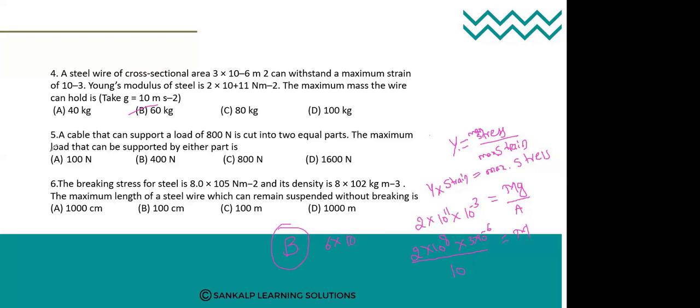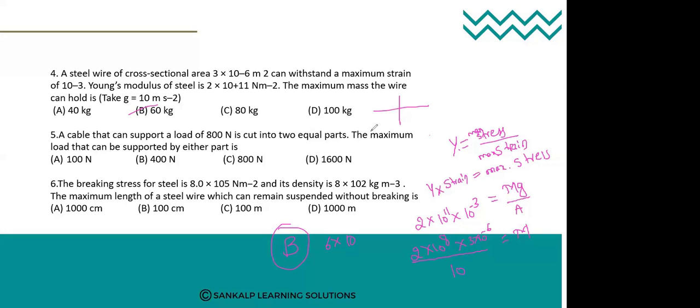Go for question number 5, students. A cable that can support a load of, so load, you can consider it as force. The load of 800 Newton is cut into 2 equal parts. So here whatever the load is there, this load can be cut into 2 equal parts.